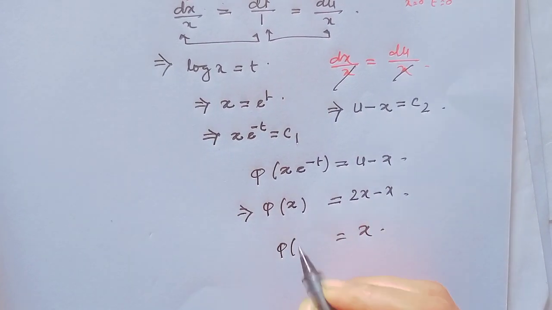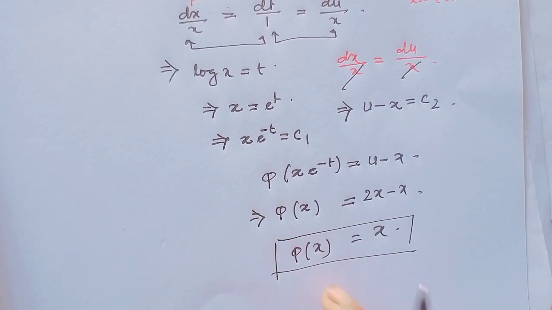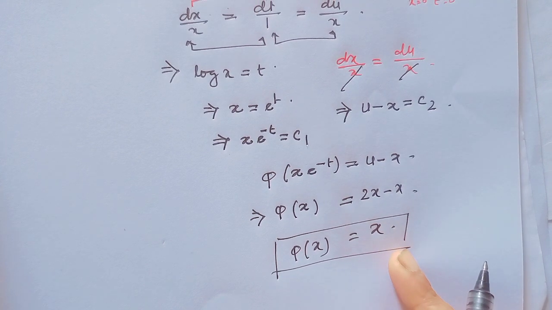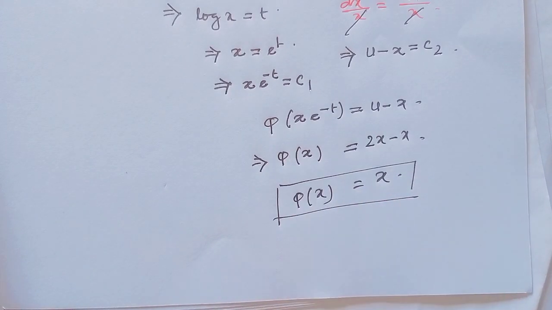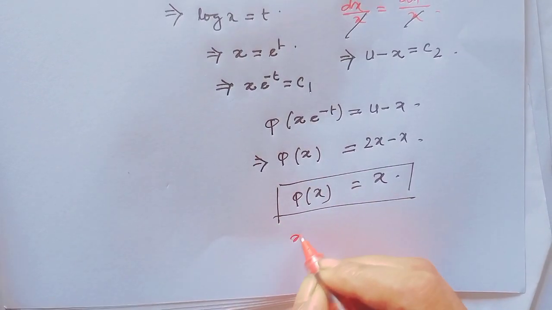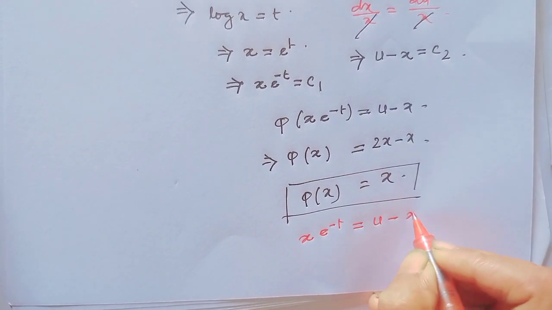That means phi of x equal to x is given. And since phi of x equal to x, this implies x e to the power minus t equal to u minus x.